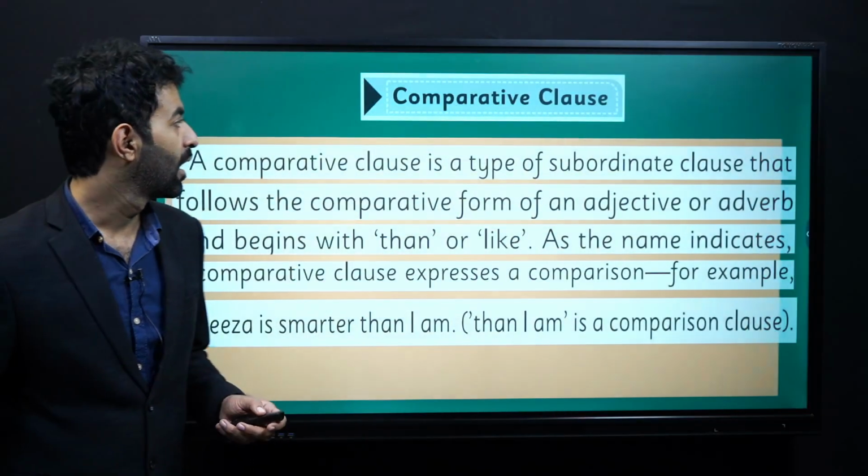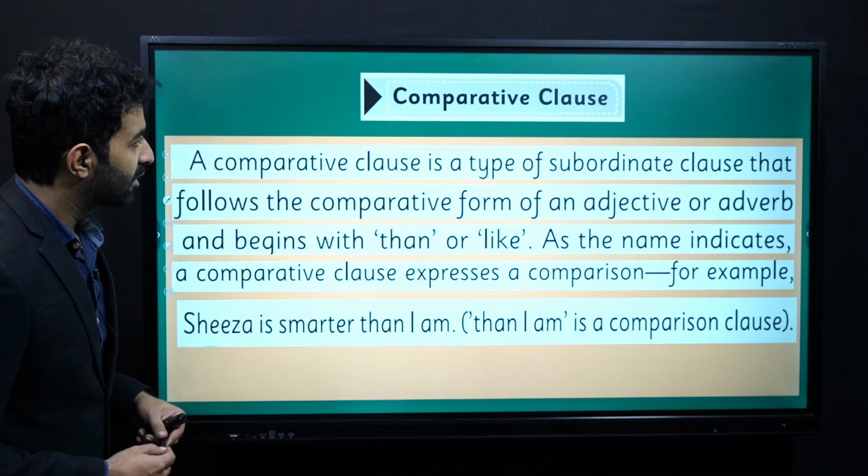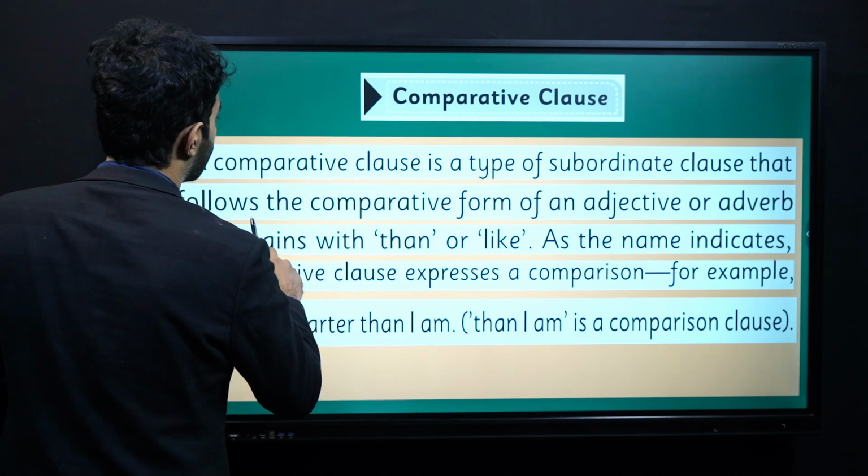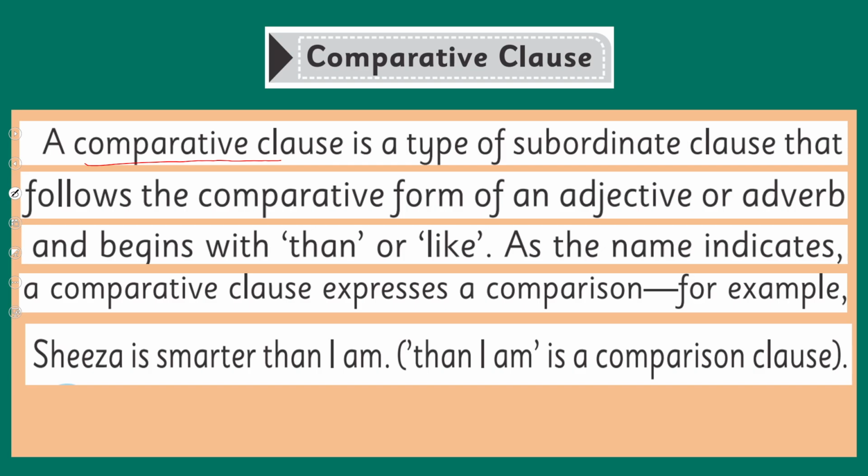All right. Let's talk about comparative clause now. A comparative clause is a type of subordinating clause. Yes, it means that a subordinating clause is dependent. So we can always find our comparative clause in the dependent clause that follows the comparative form of an adjective or adverb.